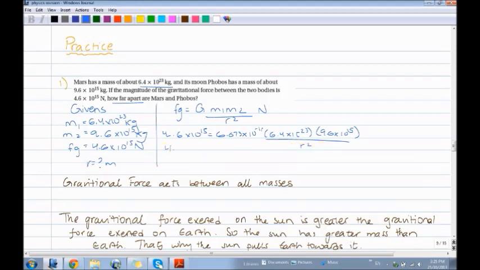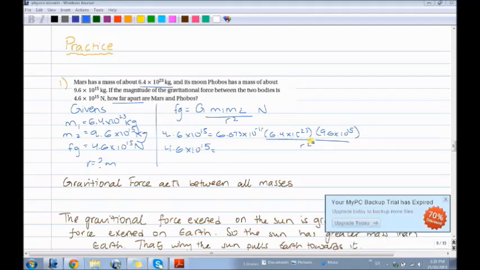Now let's do this by the calculator. Let's first multiply this by this, and then multiply it by this. Or you could just multiply these, and then divide by R squared.